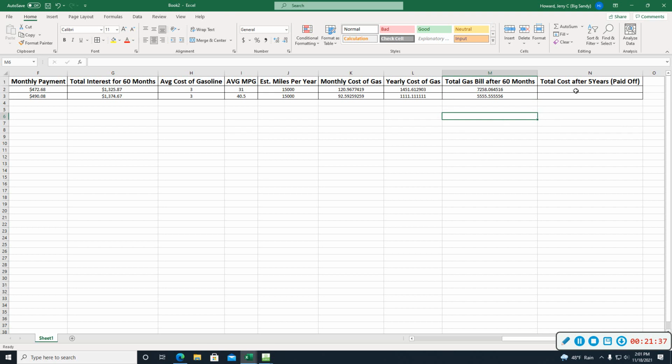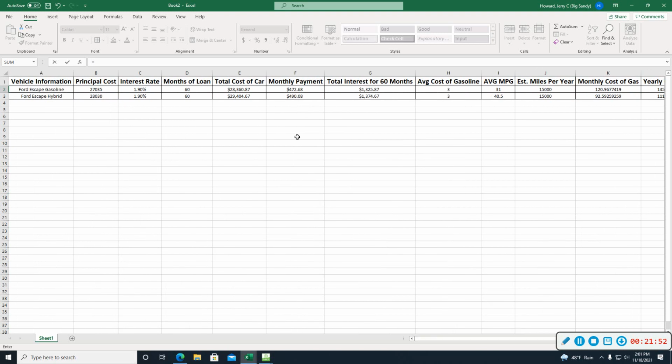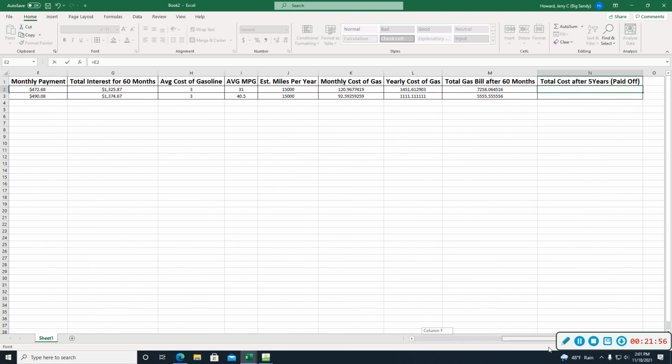Now here is the total cost after 5 years, whenever we get this paid off after 60 months. What we've got to include here is, hit equal, the total cost of the car including interest, which we have right here, and then I'm just going to add in the total bill after 60 months of gas.